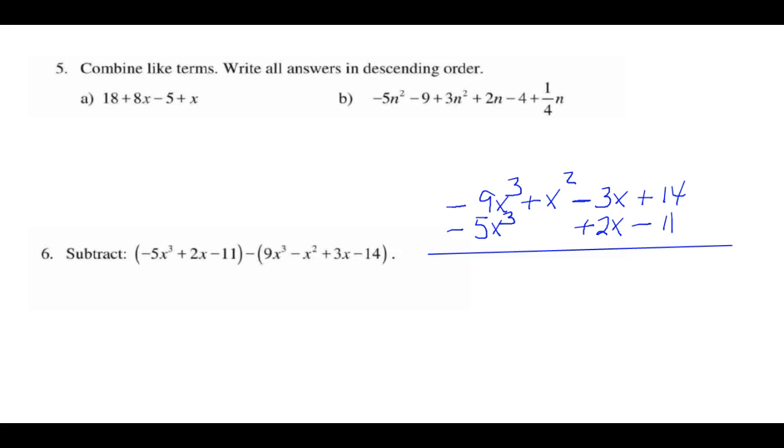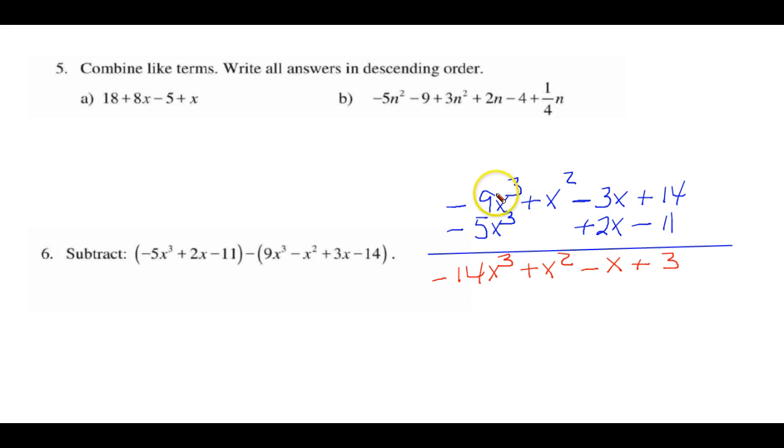Now the benefit of this is now I just add up these columns. This will be a negative 14x to the third plus x squared, just adding up these columns. And this becomes a negative x. Now there's a negative 1x, but we don't write the 1. And there I have a plus 3.